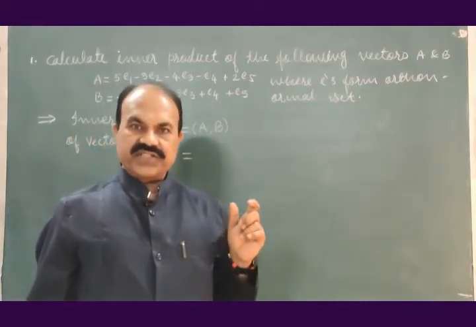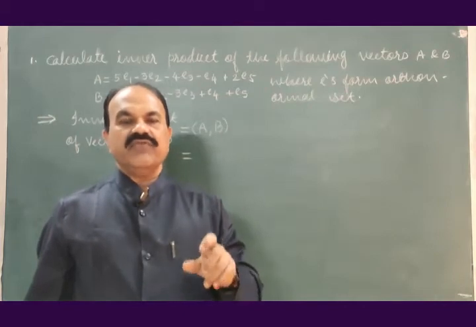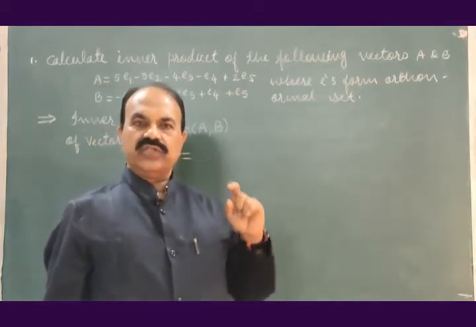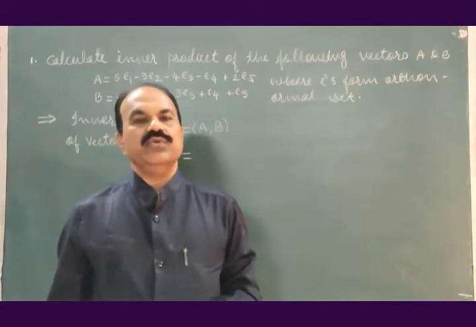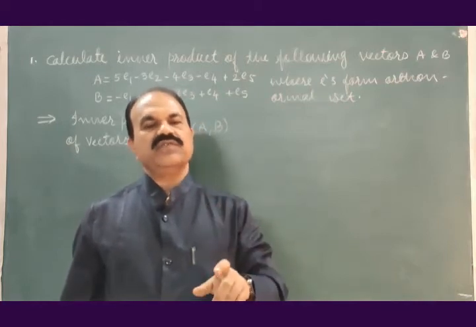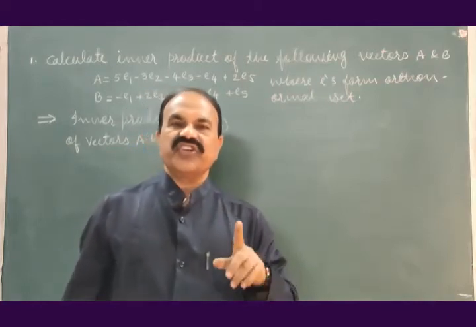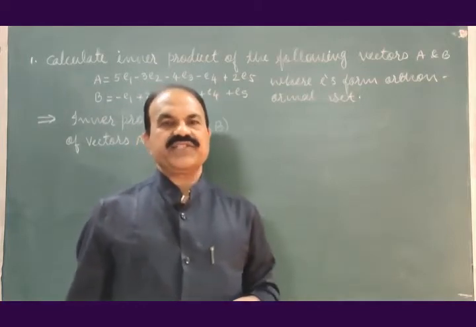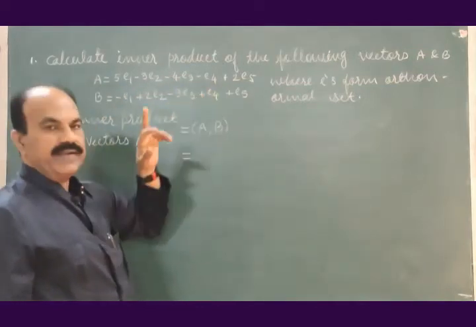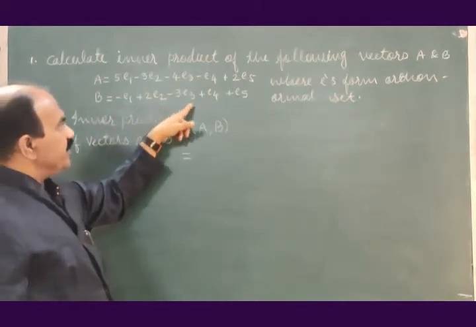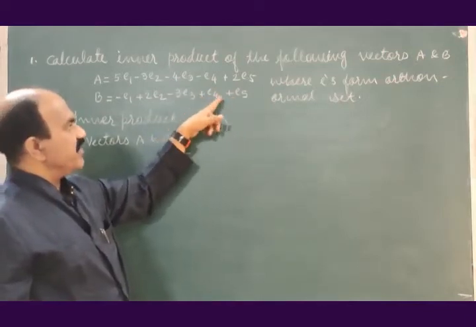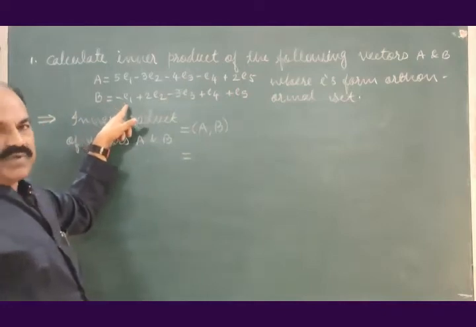Obviously, these E1, E2, etc. are equal to unity, equal to 1, and therefore inner product of vector A and vector B will be equal to sum of product of corresponding components of vector A and vector B. That is, if this is A1, A2, A3, A4, A5, B1, B2, B3, B4, B5, B2 is 2, B4 is 1, B5 is also 1, here B1 is minus 1.